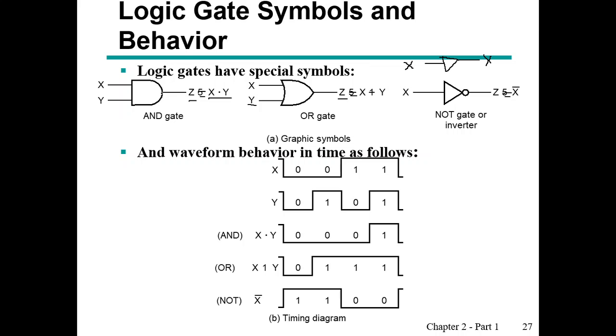So if you add a bubble here, the output of the AND gate would be inverted, and it would become a NAND gate, not of AND gate. Bubble means an inverter, like if you place an inverter in series.